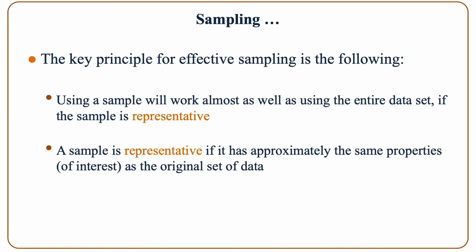When you do sampling, it's important to note that if the sample is representative, then the sample will work just like when you work with the entire data set. A sample is representative if it has the same properties as the original set of data.